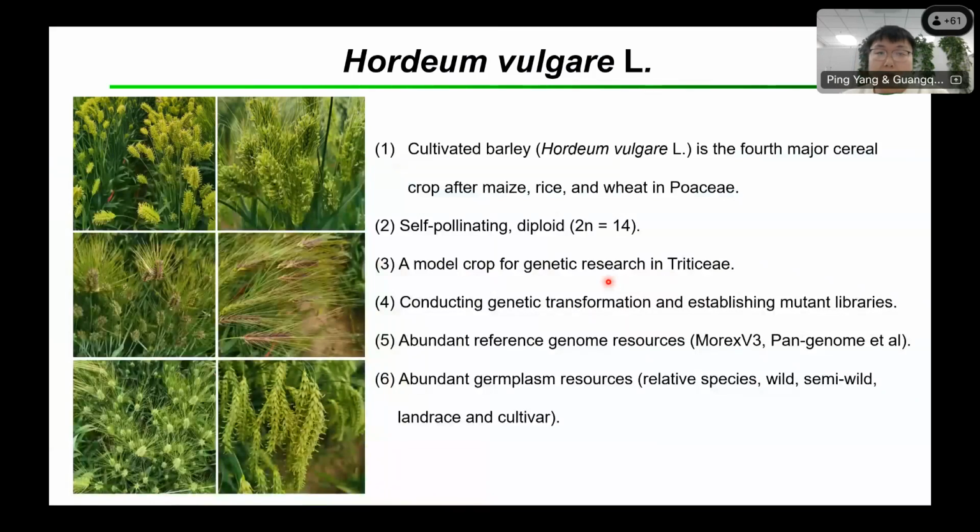Firstly, the background. Cultivated barley is the fourth major cereal crop after maize, rice, and wheat, and it is a self-pollinating diploid crop that can serve as a model crop for genetic research in Triticeae.